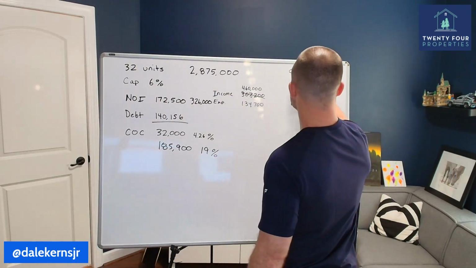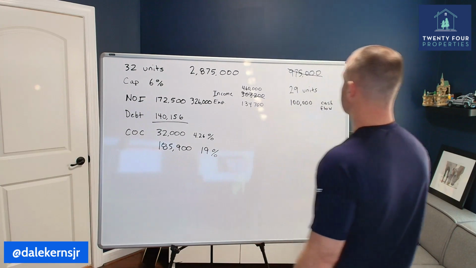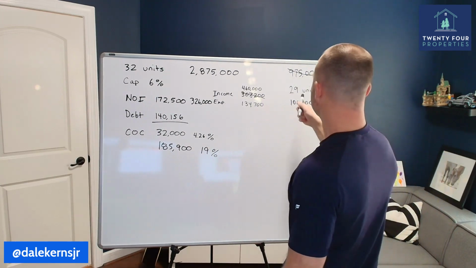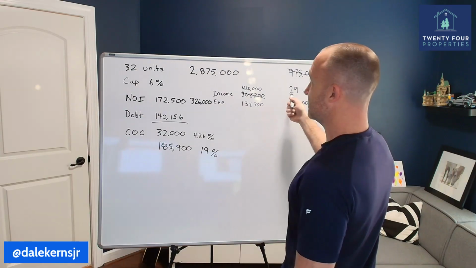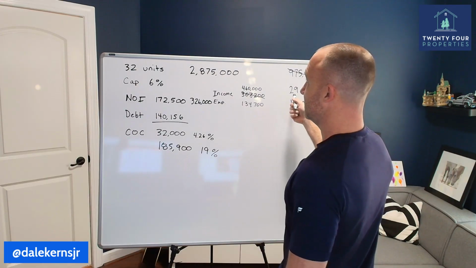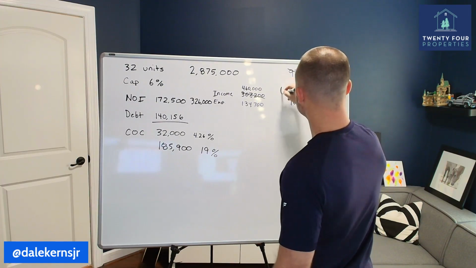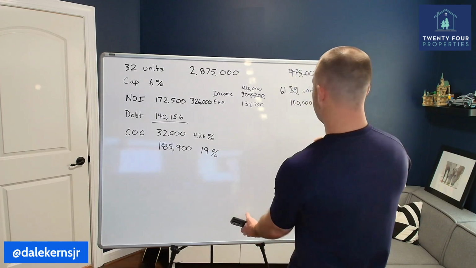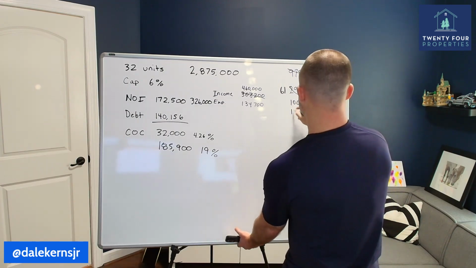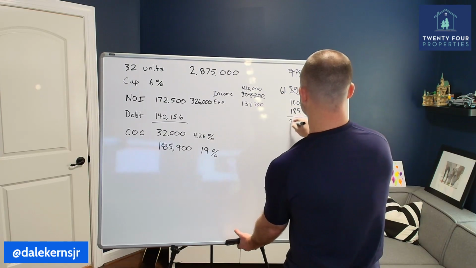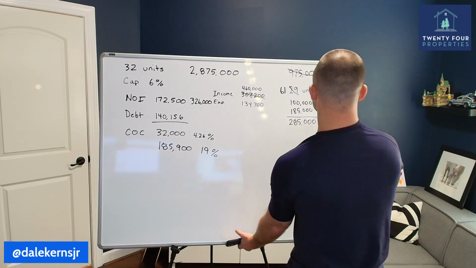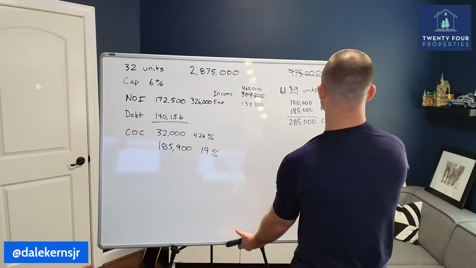Now we don't have any money, but now we have 29 plus 32, 61 units. And we have 285,000 in cash flow.